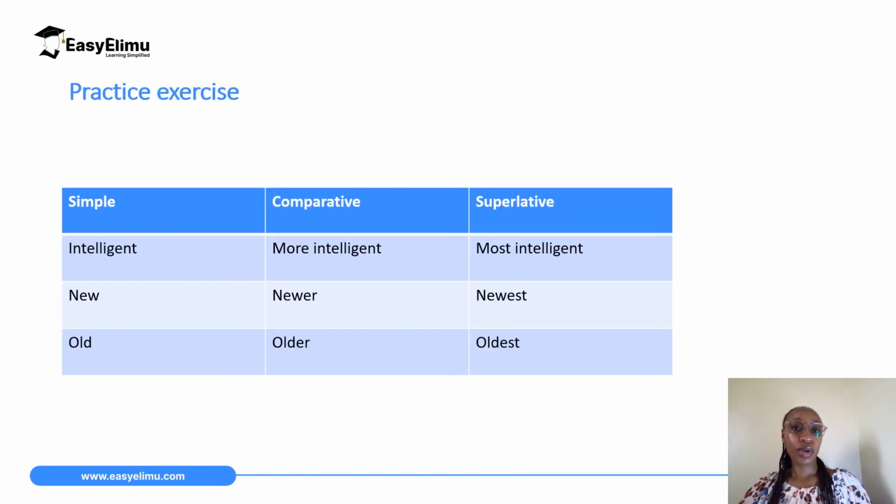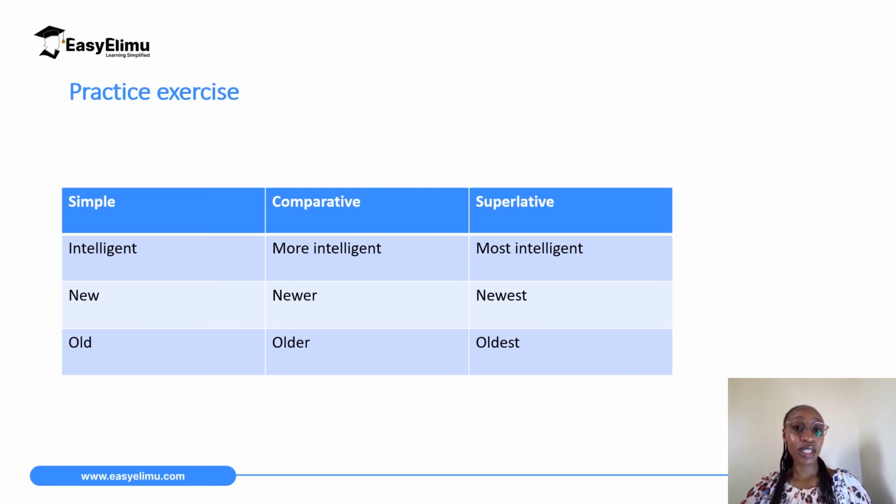So we can do a little bit more practice. An adjective like intelligent, you can't say intelligenter or intelligentest. So this is an adjective that takes more. So intelligent, more intelligent, most intelligent. New, newer, newest.